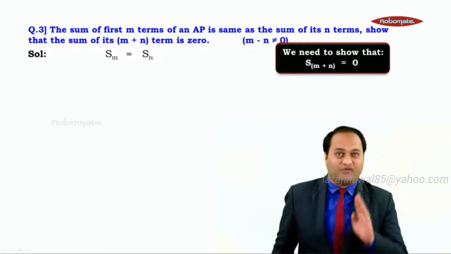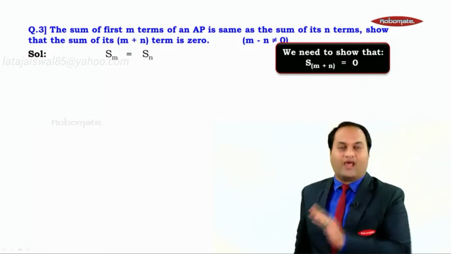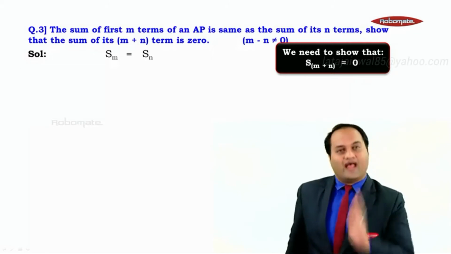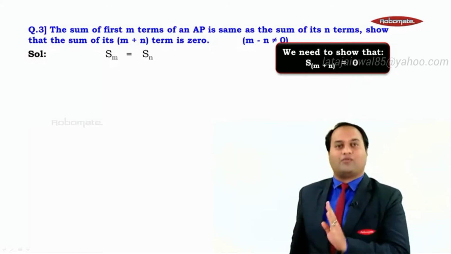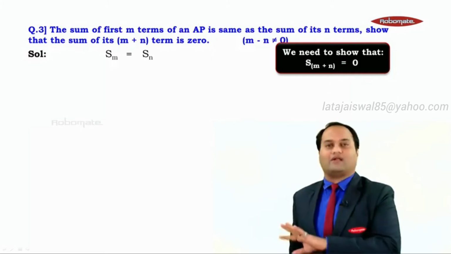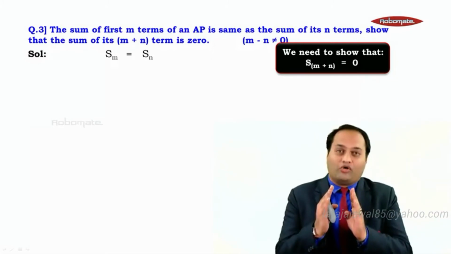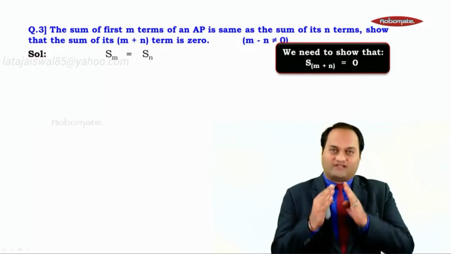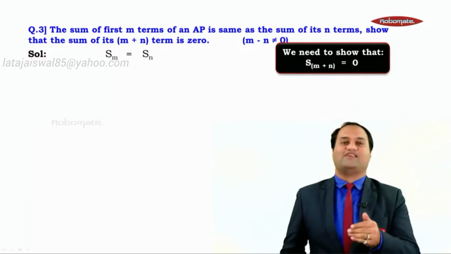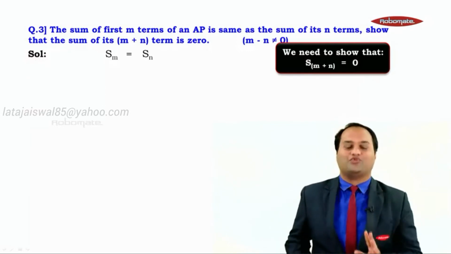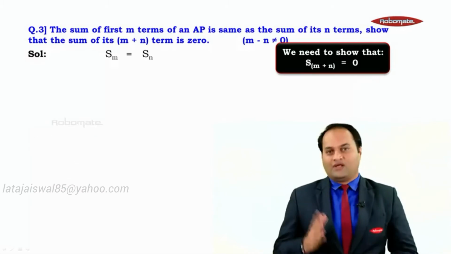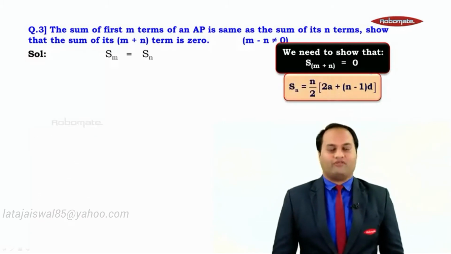There is a difference between Sm plus Sn and S(m+n). Sm plus Sn is the sum of m terms and n terms. Getting it? This is the sum of m plus n terms. That's S(m+n) is equal to 0 is what we are supposed to prove. Clear? Let's concentrate on the given.